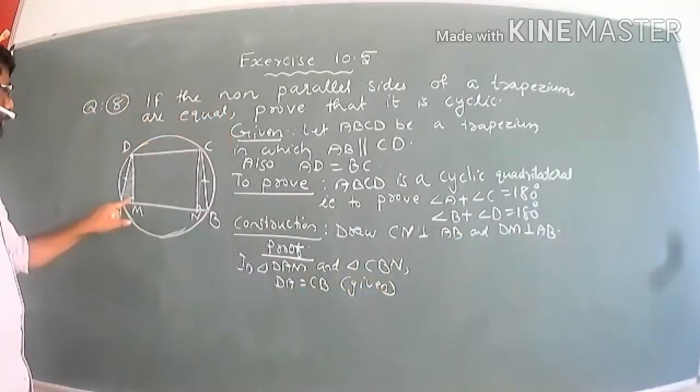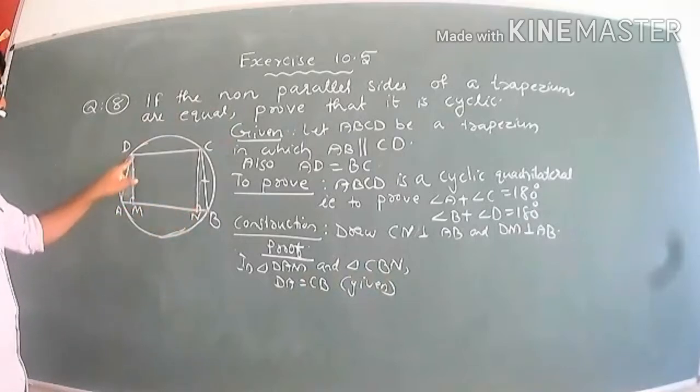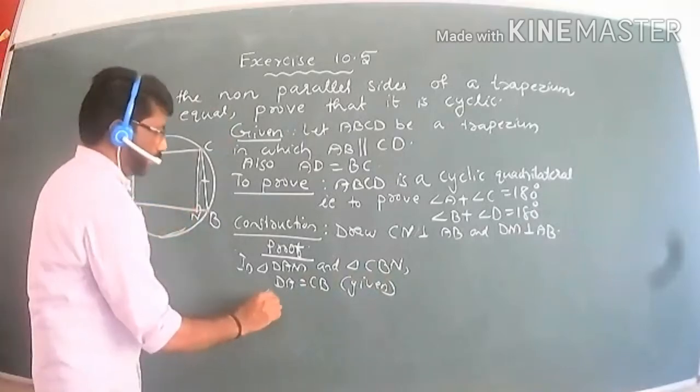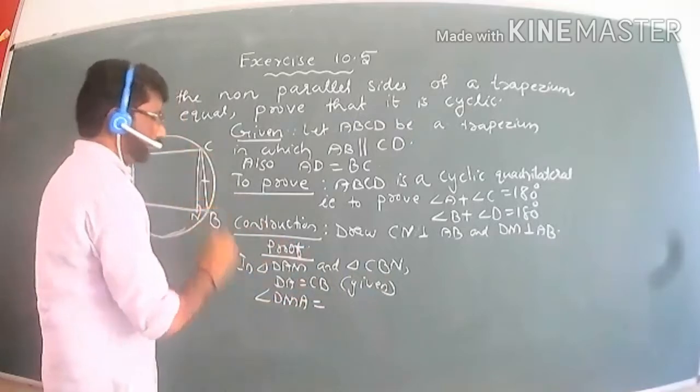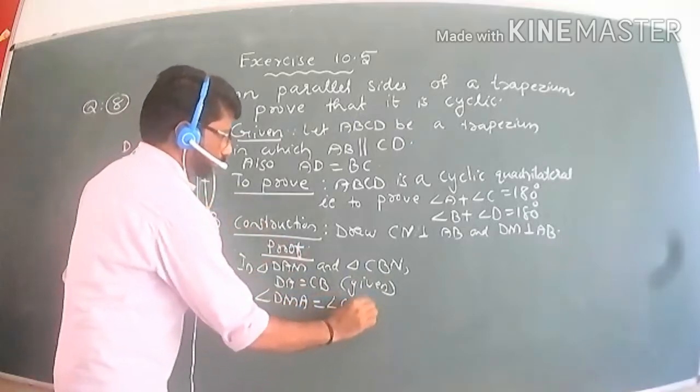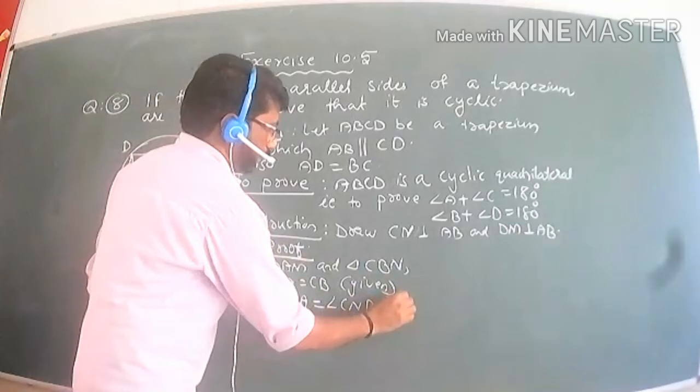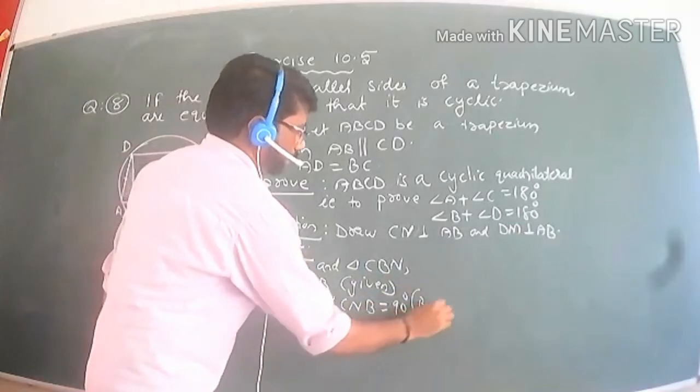Then angle M is equal to 90 degree, angle N. Angle DMA is equal to angle CNB is equal to 90 degree by construction.